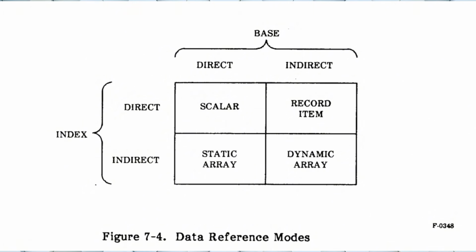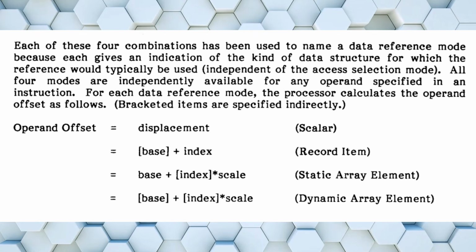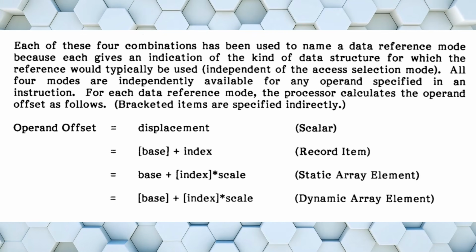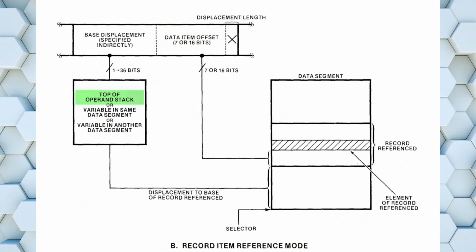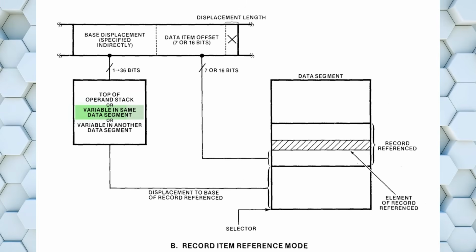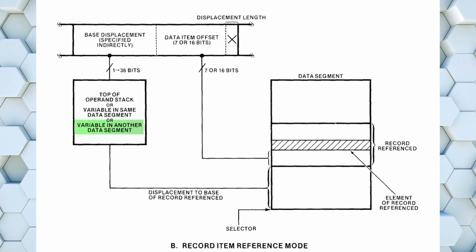For example, if we want to access a property of an object, access a static array element with a known fixed base, or access an array element by dynamic base and dynamic index. To simplify, we can say that the final offset is just a sum of two values. Each of them could be either an immediate value, the top of stack register, another variable from the same segment, or from another data segment.